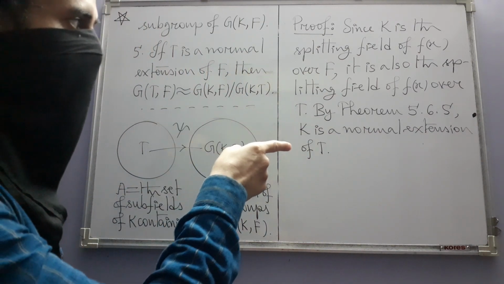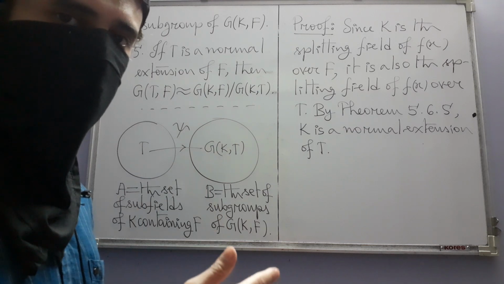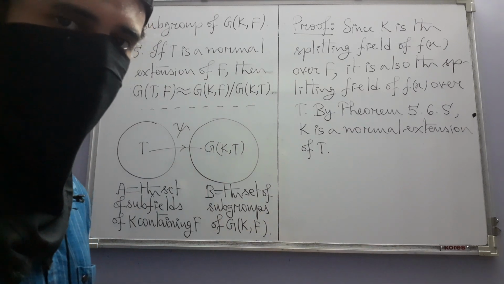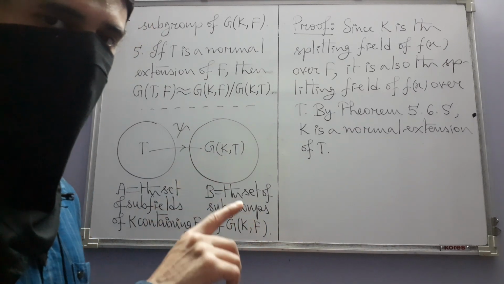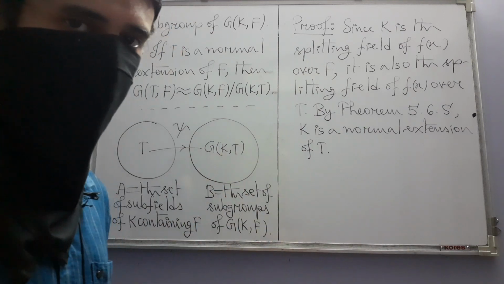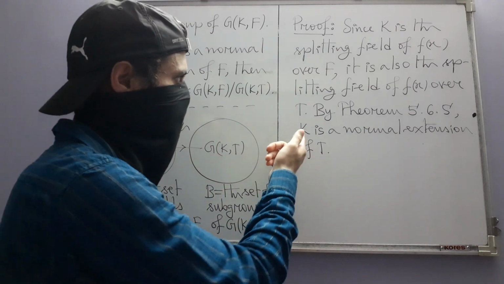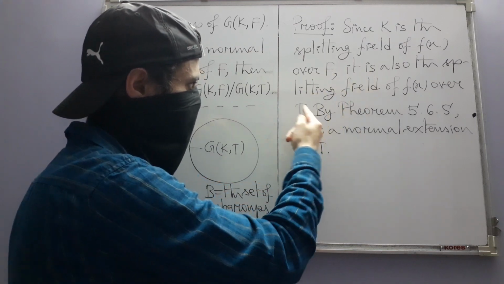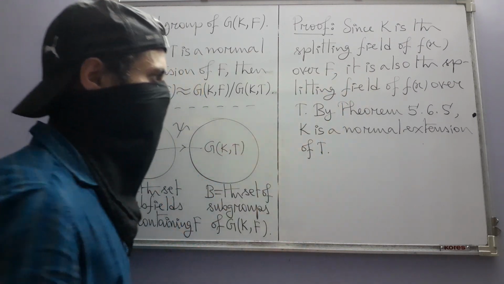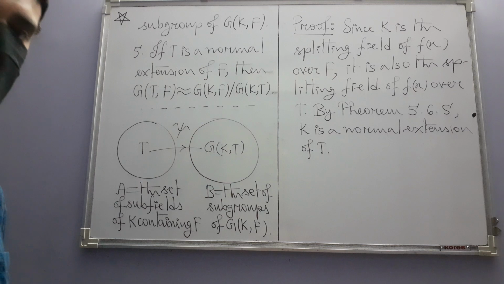This theorem says that K is a normal extension of a base field if and only if K is the splitting field of some polynomial over that base field. So here K is the splitting field of f(x) over T, so that is why K is a normal extension of T by that theorem.